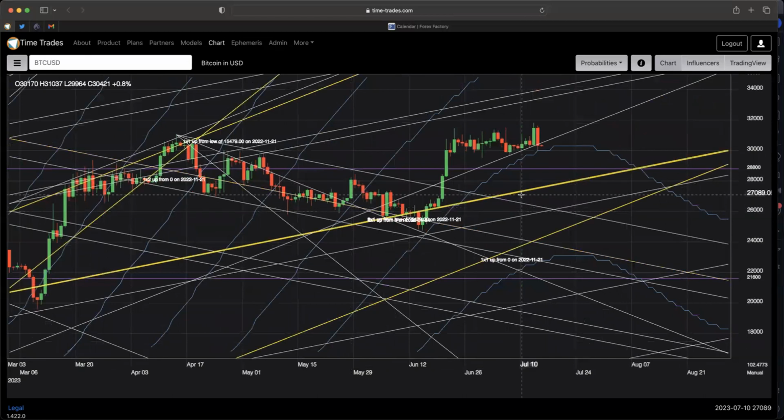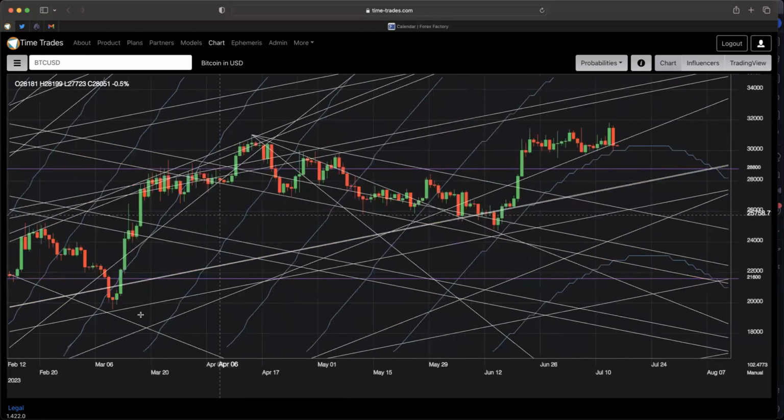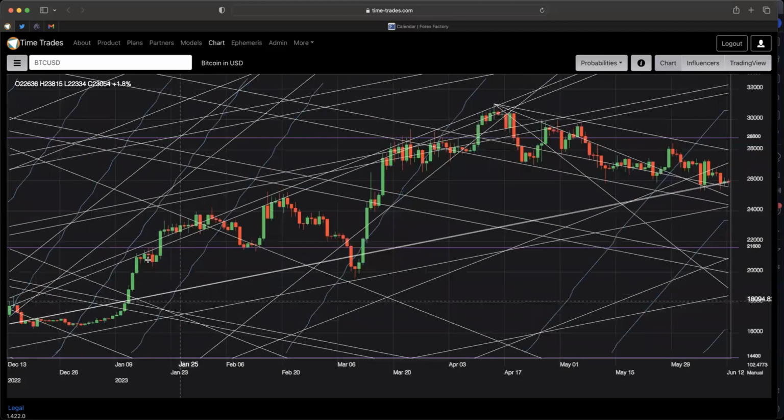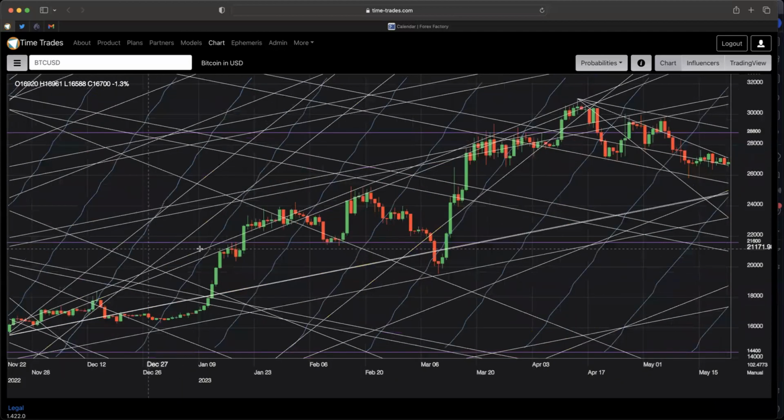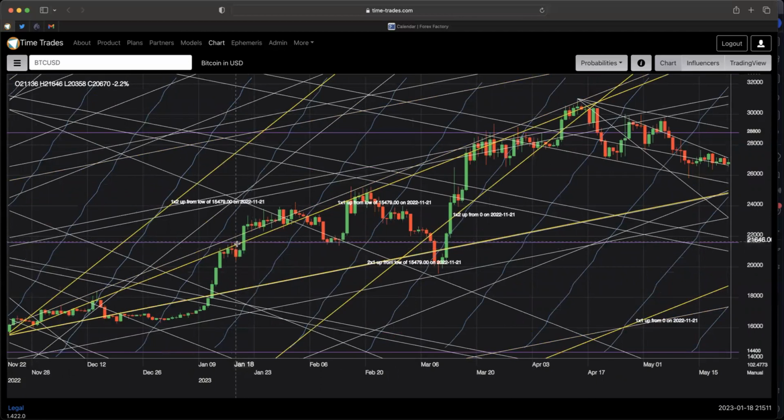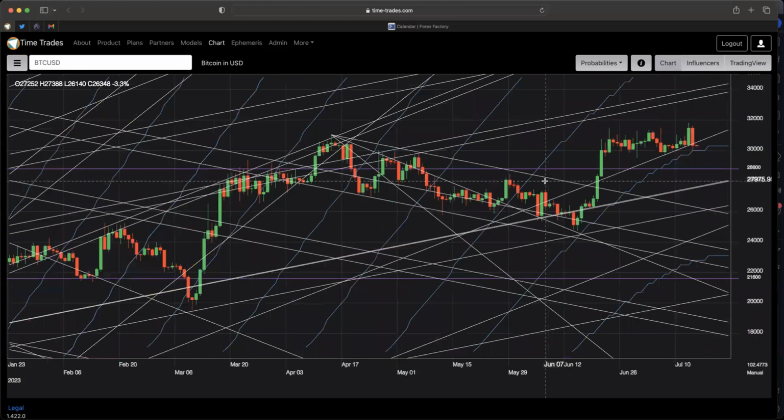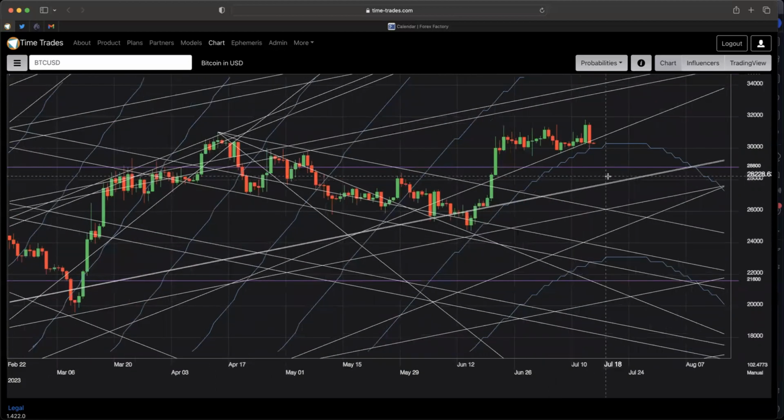They're not often super accurate, but they can indicate some very strong areas of support and resistance, like back here in January, resistance, support broke, but then after that support was regained, then this Venus planetary line here, price just went right up that channel. Okay, so I'm going to be using planetary lines a lot more.